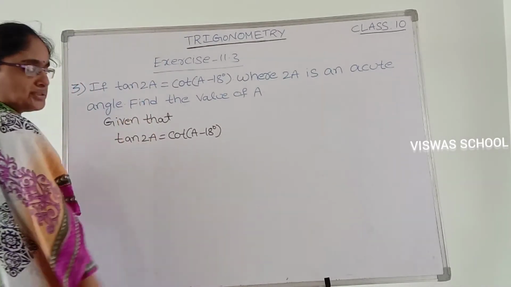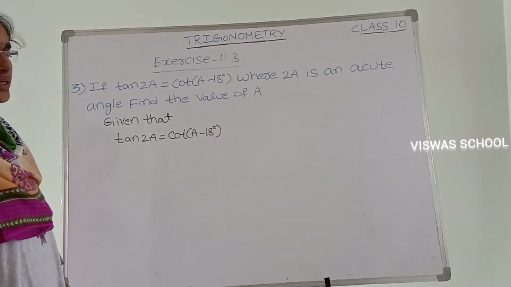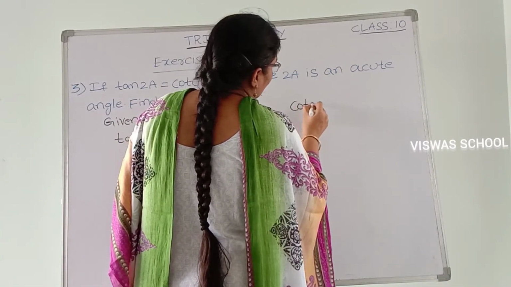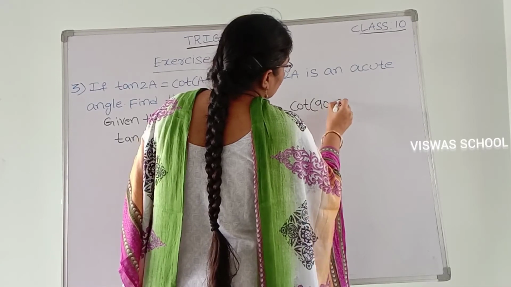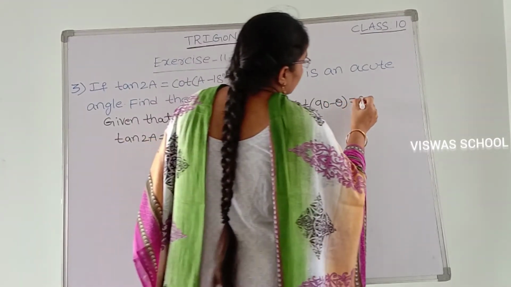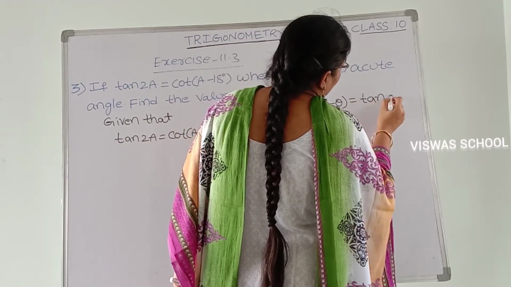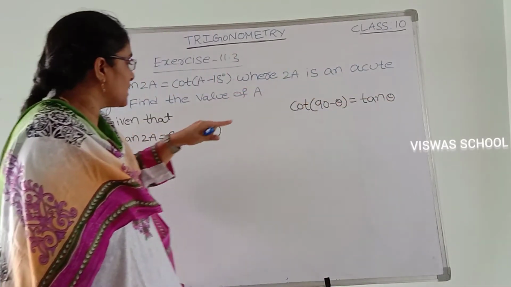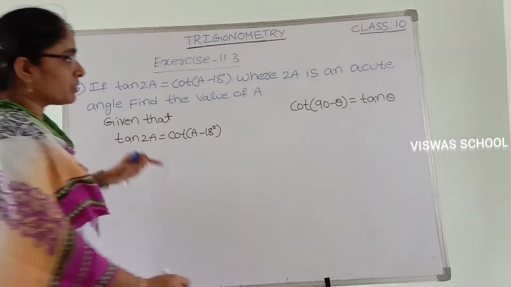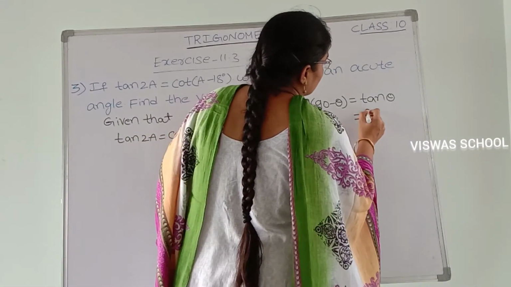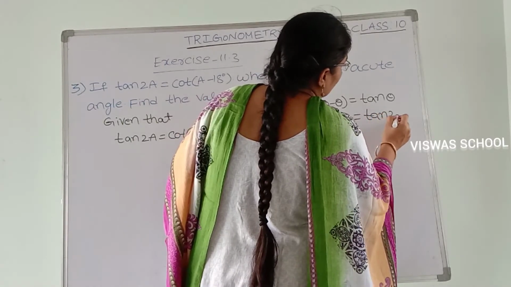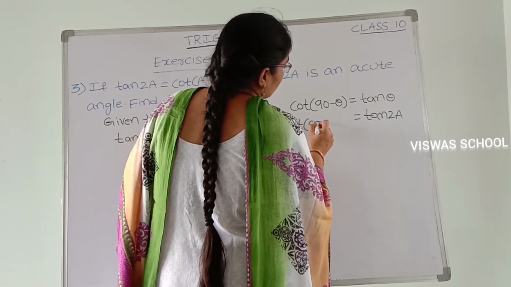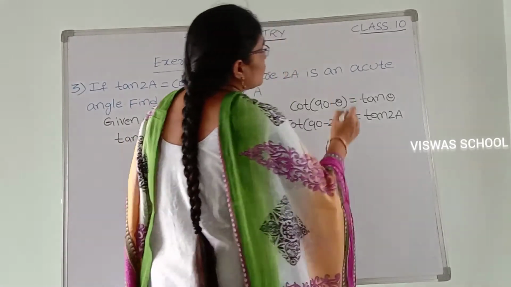This is tan 2a. How do you write this tan in cot terms? We already know that cot of 90 minus theta is equal to tan theta. Here it is tan 2a, that is, in theta's place the value is 2a. Now it can be written as cot of 90 minus 2a.